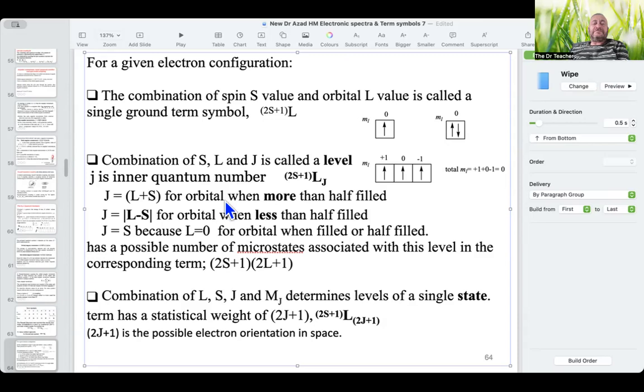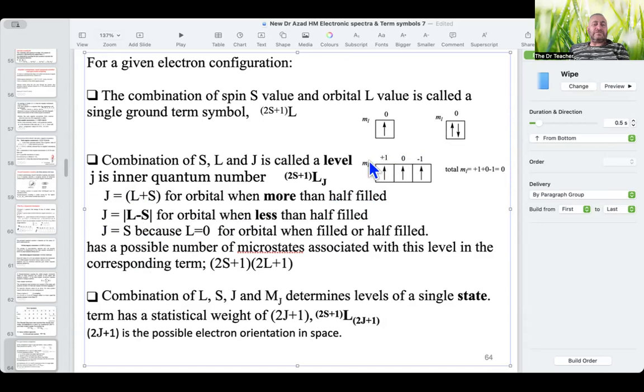When you have more than half filled, you have to add the value of S to the L to get the J. And if you have less than half filled, you go with minus, but integer. So J equals S, because L is 0 for an orbital when filled or half filled.